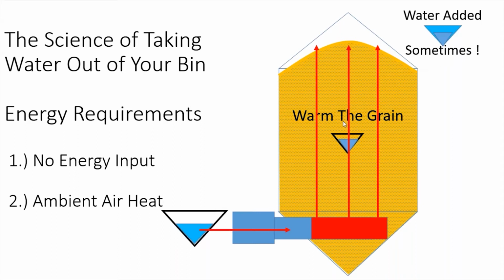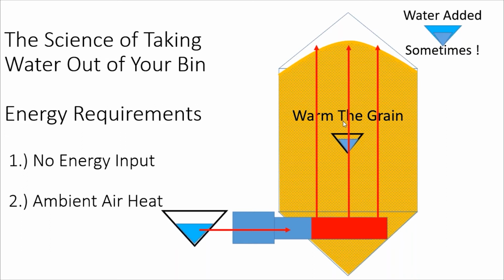And that's the tricky thing with natural air drying, is it's going to cycle. Sometimes you're going to be bringing in more moisture than energy, and you're going to actually be increasing the moisture content. But in the long run, you absolutely need that energy to vaporize your water and to get the water out of your grain bin.